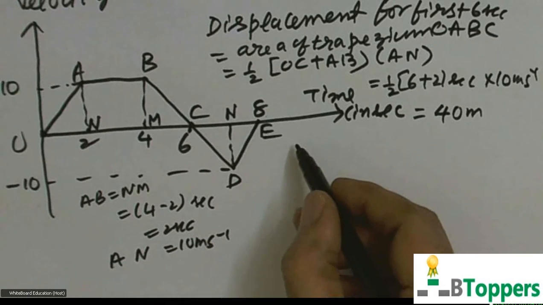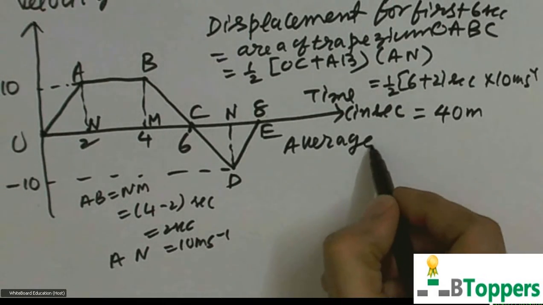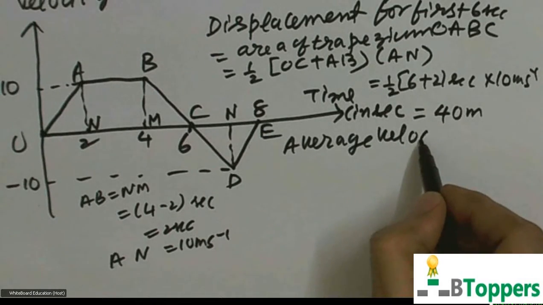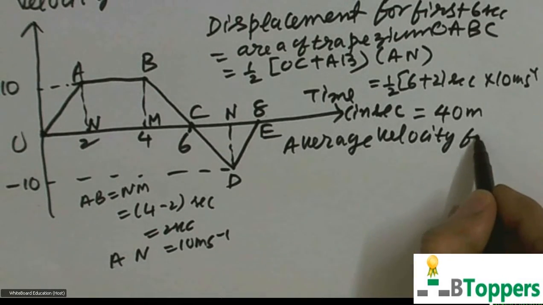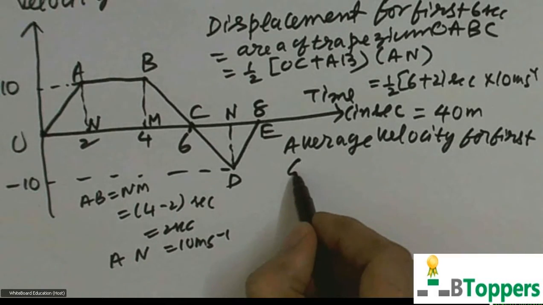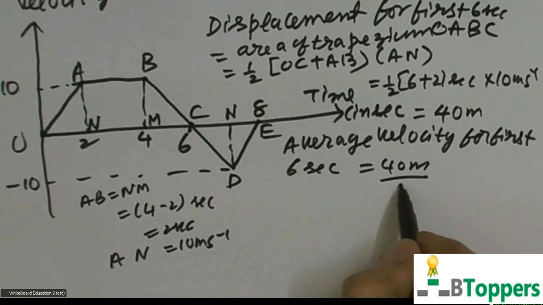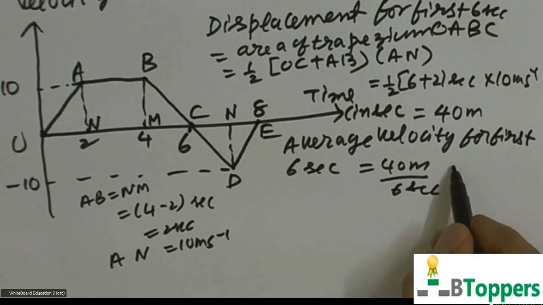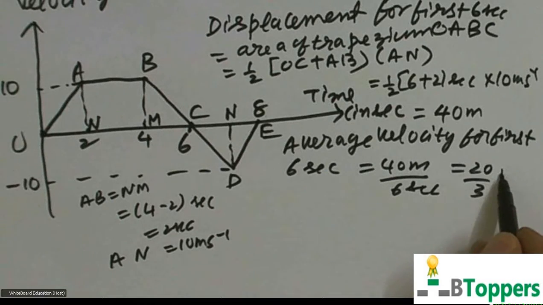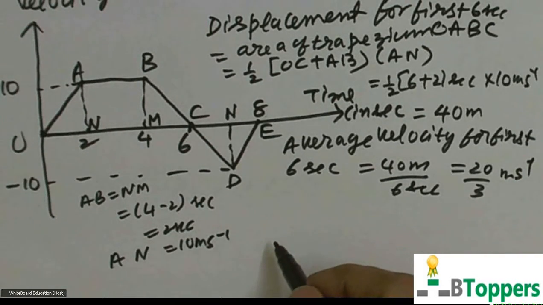Therefore, average velocity for first 6 seconds is equal to displacement covered for first 6 seconds, that is 40 meters, divided by time interval. That will be 20 by 3 meters per second. That's the answer for the first part question.